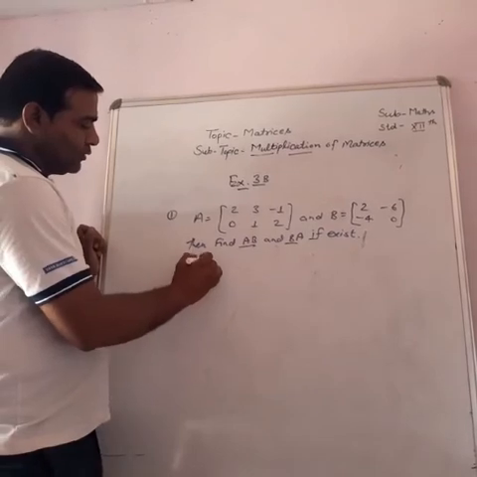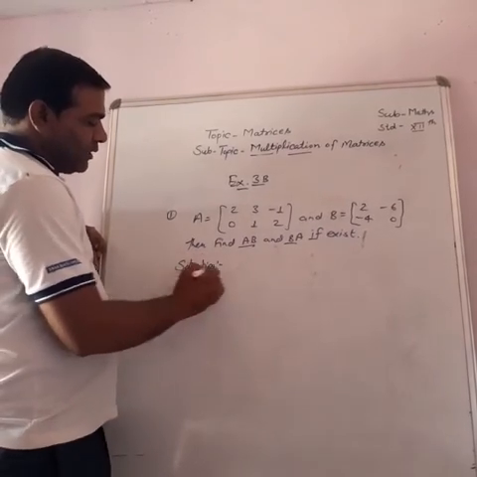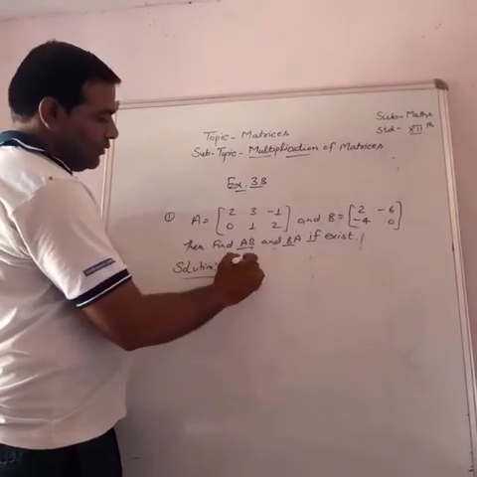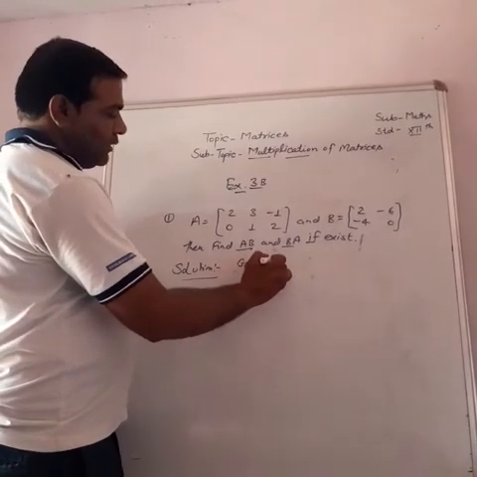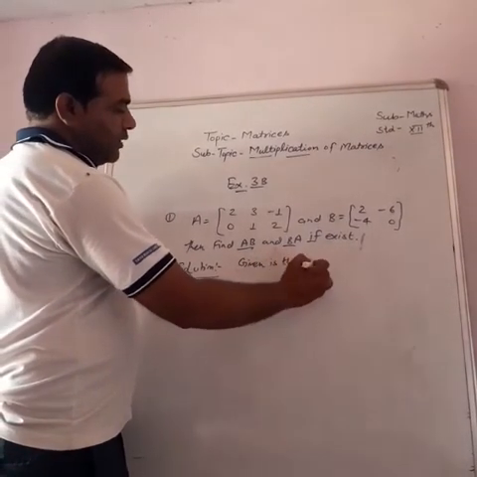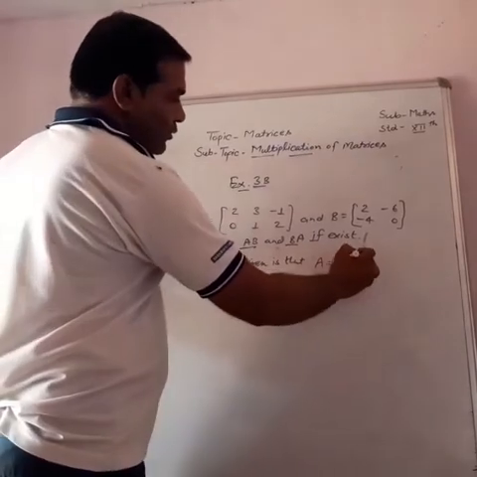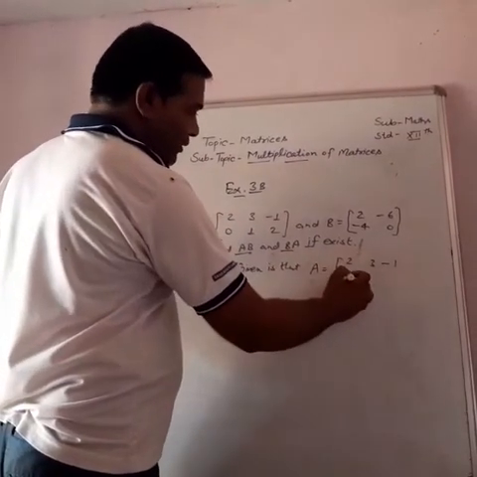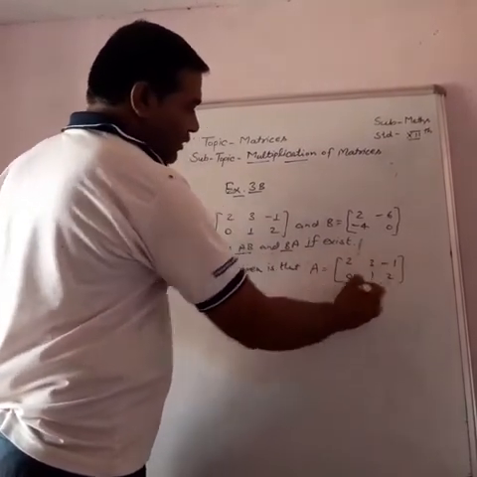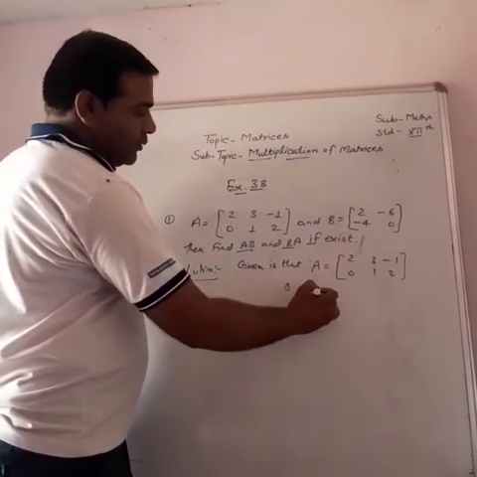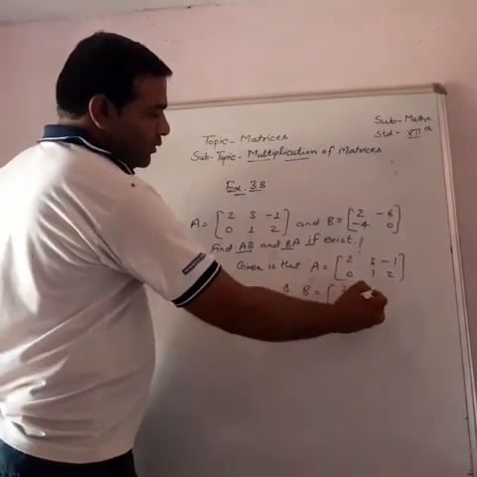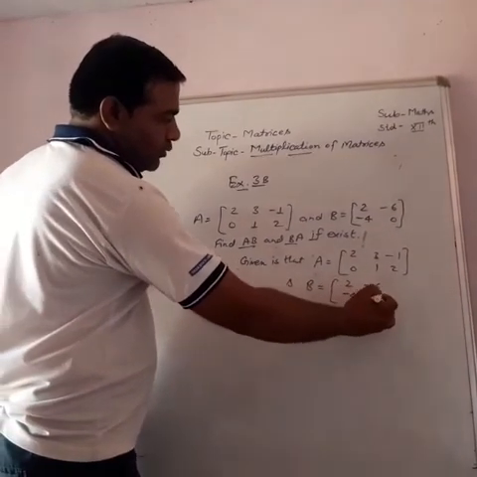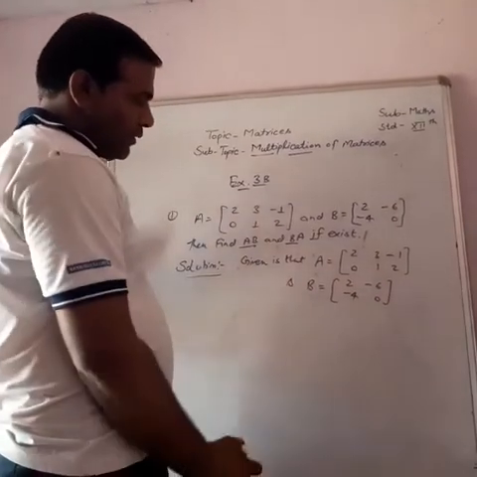So in the solution, first of all write down what is given: matrix A is equal to [2 3 -1; 0 1 2] and matrix B is equal to [2 -6; -4 0].